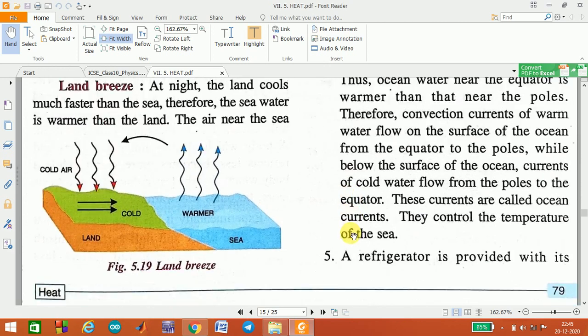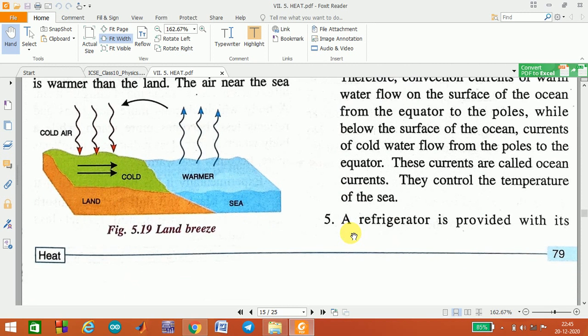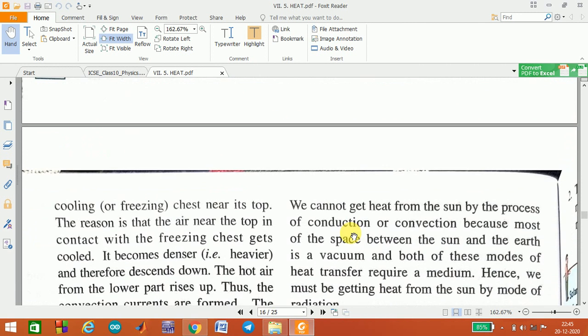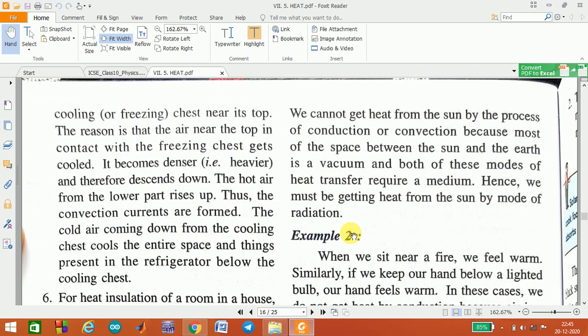Then a refrigerator also shows convection. How it shows it, we'll see here. A refrigerator is provided with its cooling or freezing chamber just near its top. What is the reason?